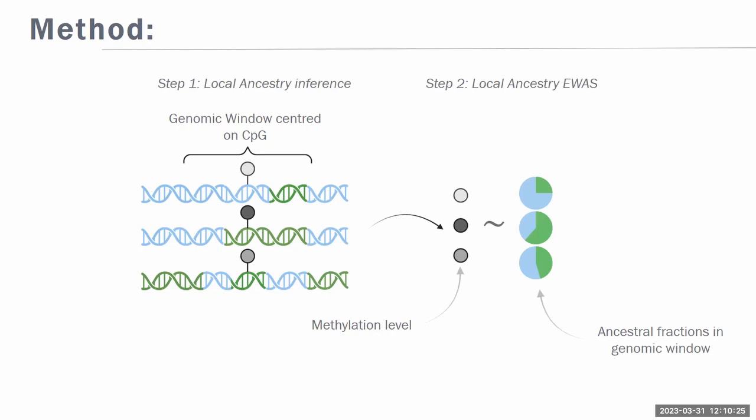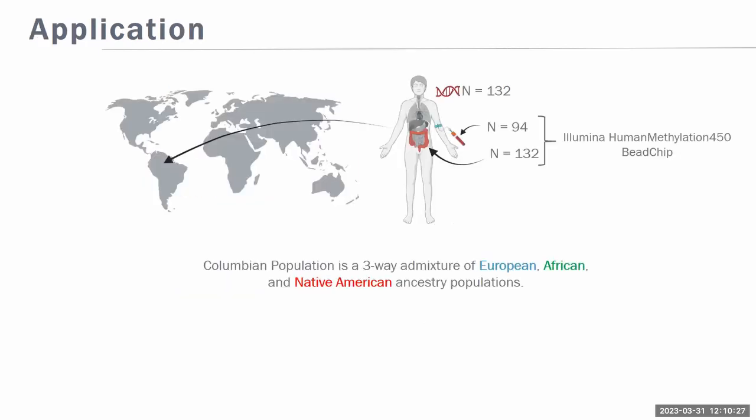And this is essentially what we did. As our study population, we took a population of patients from Colombia, and we measured methylation in both whole blood and healthy colorectal tissue, and we genotyped these people.